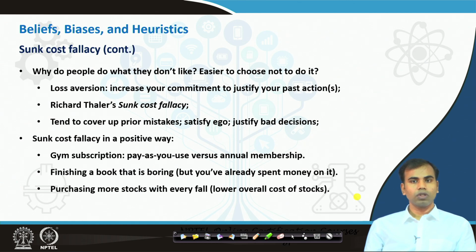Whereas, at the root it is basically the evidence of sunk cost fallacy, where the investor is trying to justify the price that he had already paid the first time by paying a lower price the second time. So, he is actually trying to cover the previous mistakes by committing a further amount of money in the investment.